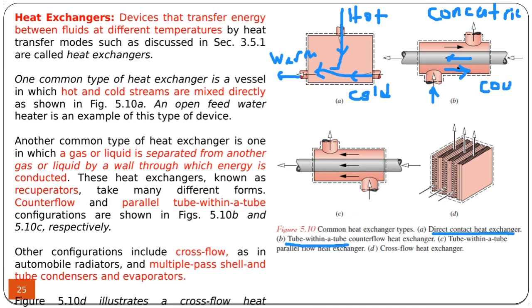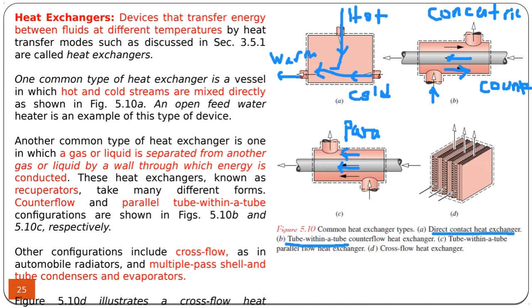It's also possible to have the flow of the fluids in the same direction as this one. In this case, it is called a parallel heat exchanger, because both fluids are flowing in parallel direction.